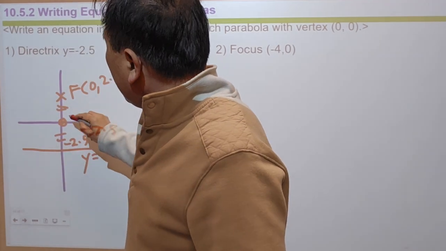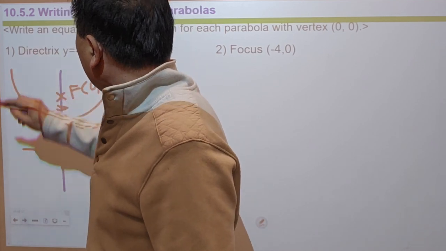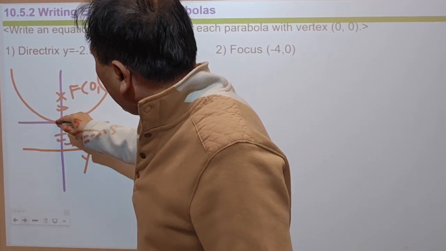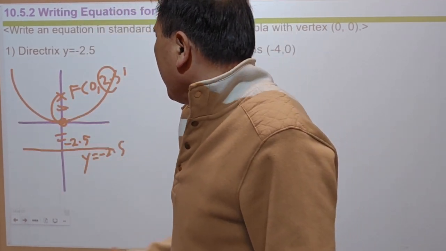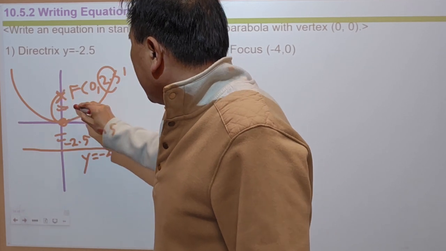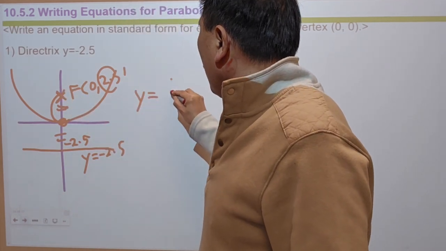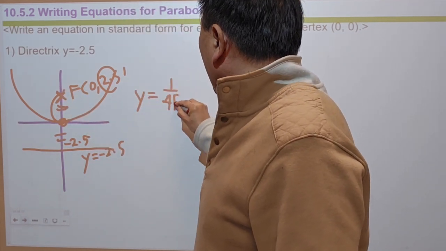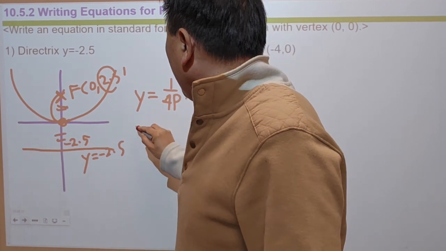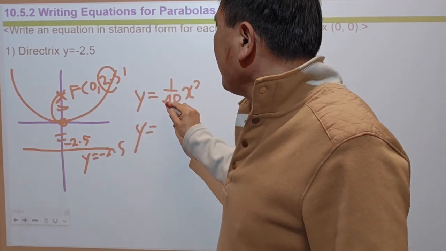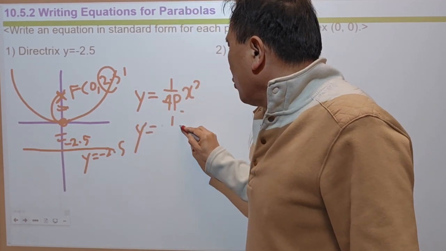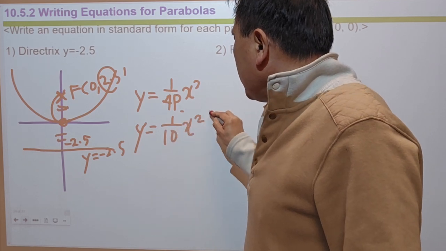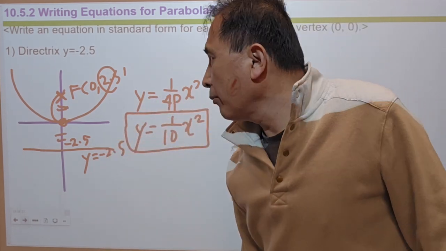And then the parabola goes around the focus. So p is 2.5, and the focus is on the y-axis. So that's the y equals 1 over 4p x squared form, and p is 2.5. 2.5 times 4 is 10. So y equals 1 over 10 x squared is the equation of this parabola.